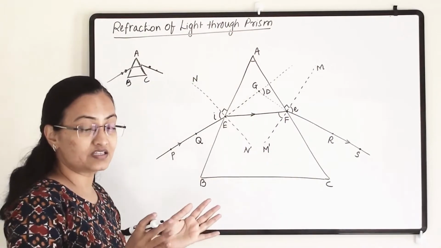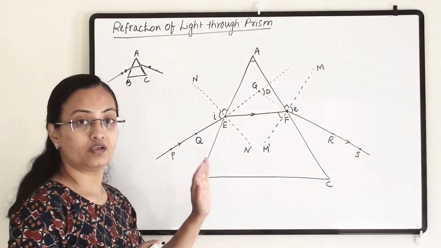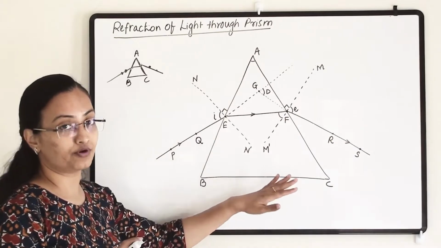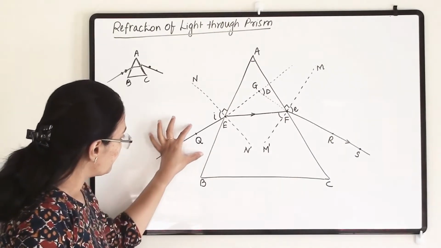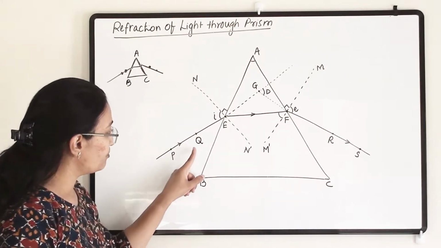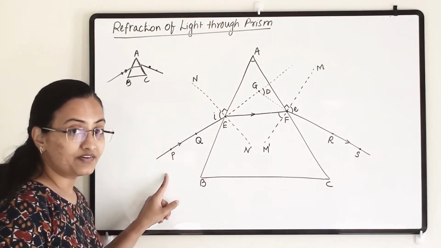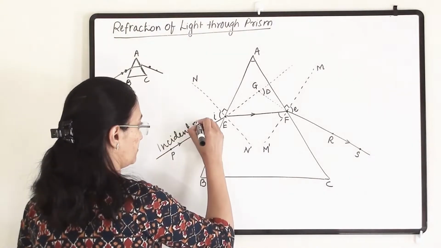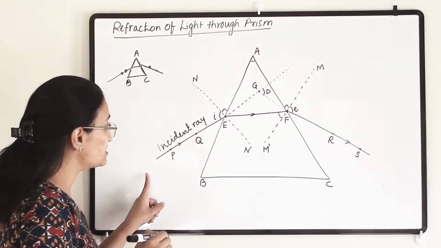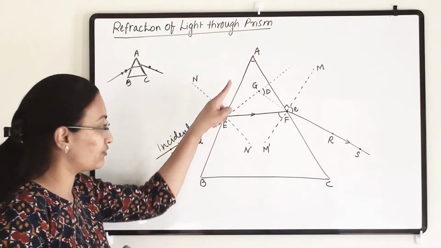Now let us understand what rays are there and how this ray has refracted through the prism. First, the ray on which we placed the P and Q pins will become our incident ray, because that ray is falling on the surface of the prism.